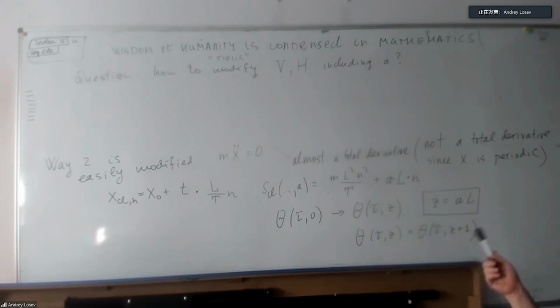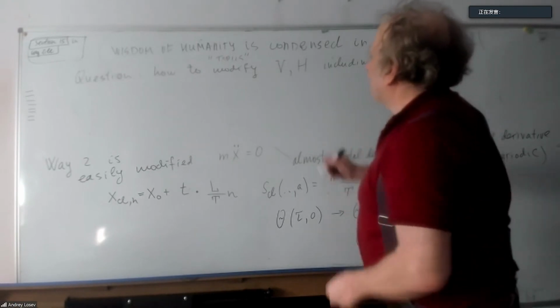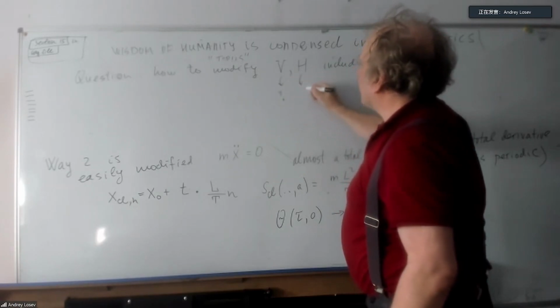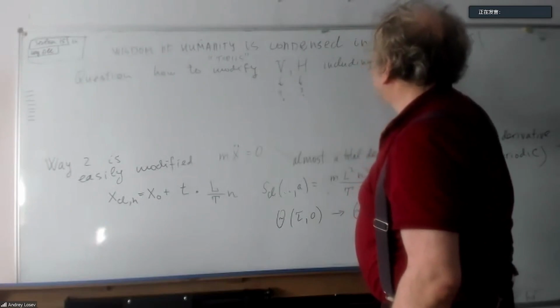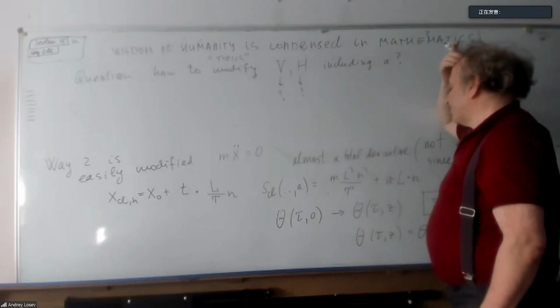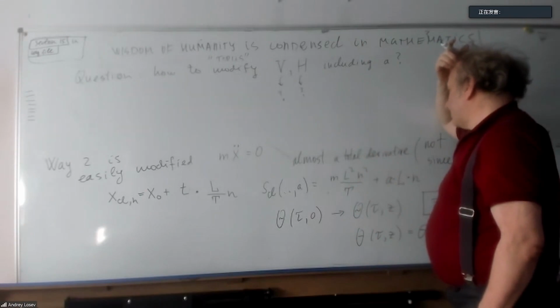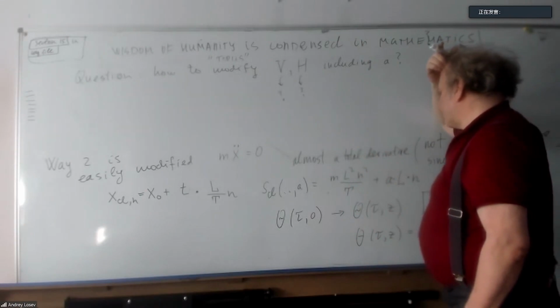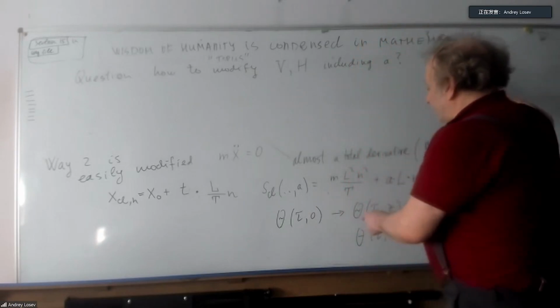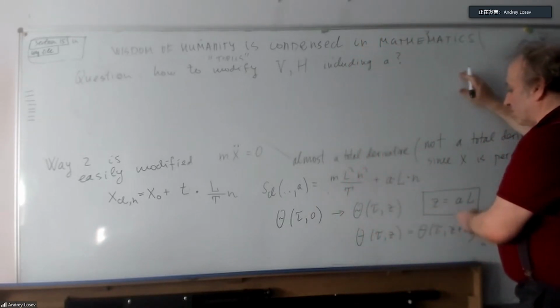So there should be some modification of what? We may think that we are modifying V or we are modifying H. And it is not easy to understand what to do.